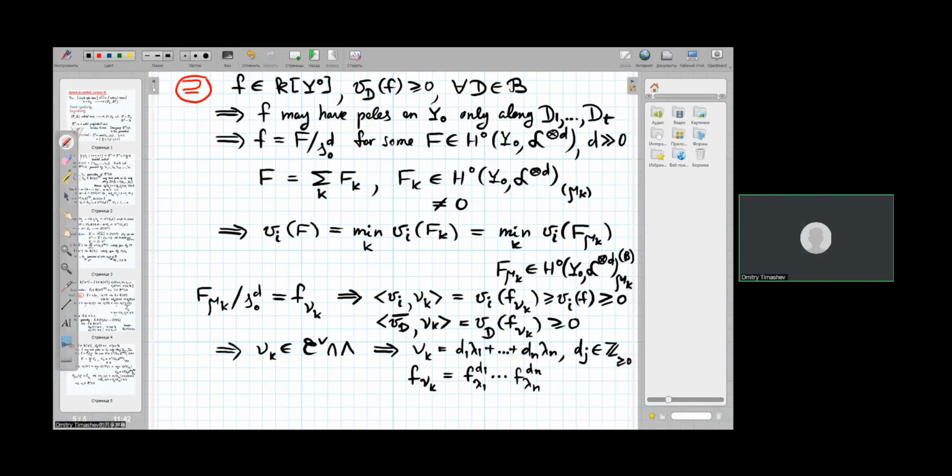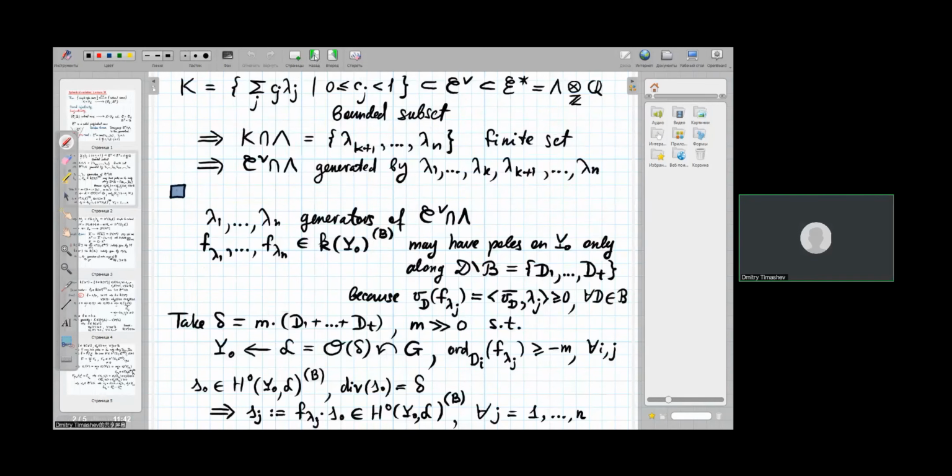f lambda i is a rational function, right? Well, these functions are rational functions on the open G orbit, but they are actually regular functions on x0.